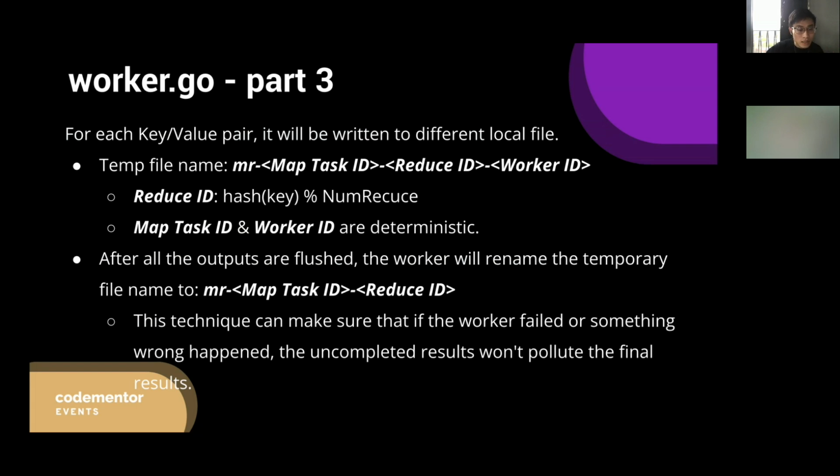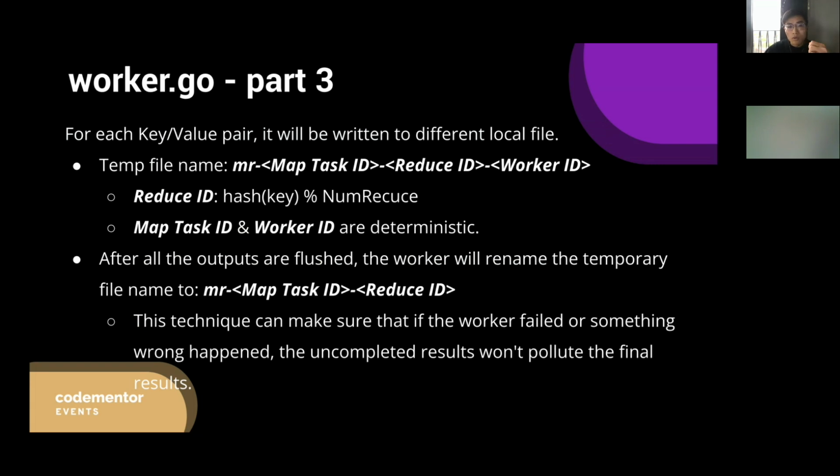The reduce id basically equals the hash value of the key modulo the number of reducers. The map task ID and worker ID are deterministic. Those IDs will be determined at the booting stage of the program.